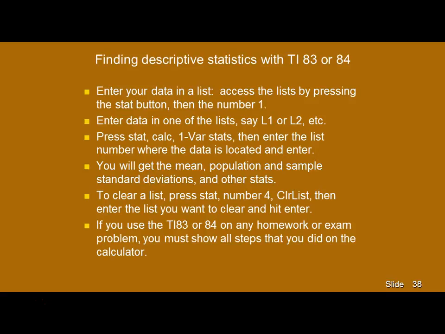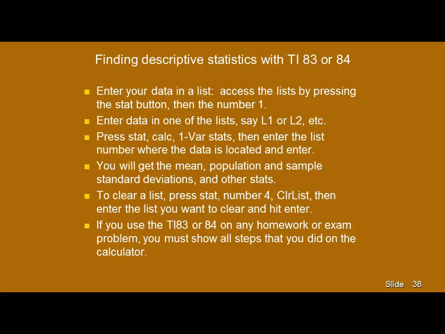And number 1 should be highlighted. 1-Var Stats, it's abbreviated. Press Enter. And now the calculator is waiting for you to tell it where the data is that you want it to do these statistics on. If you put your data in L1, you'll hit the second button and then the number 1 to access L1. And then hit Enter.